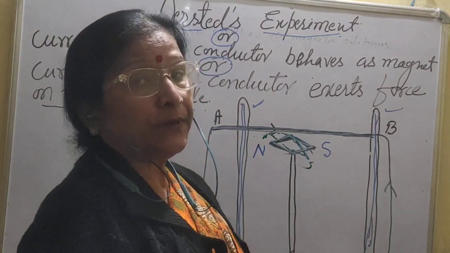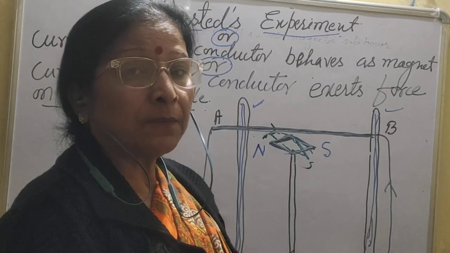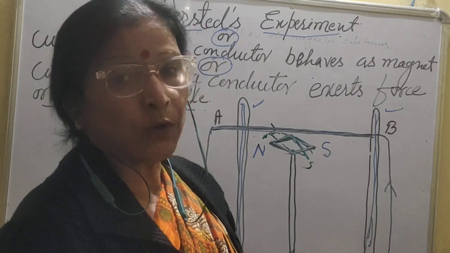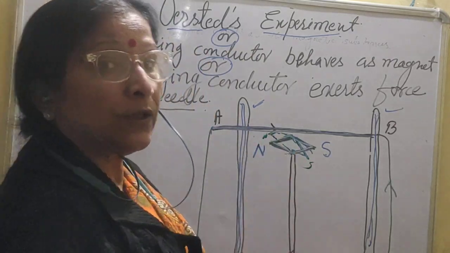Again, when we switch off the current, we find that the magnetic needle becomes as it was when no current was flowing through the conductor. So this activity shows all these things.